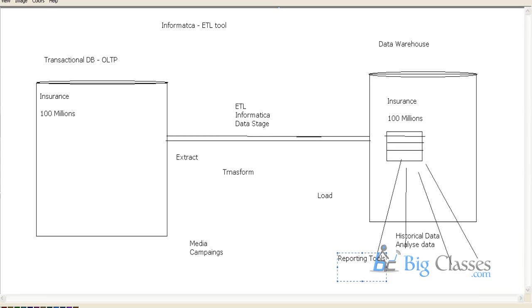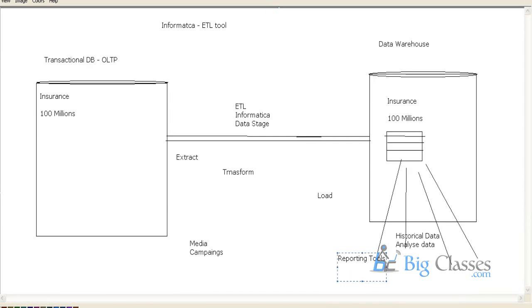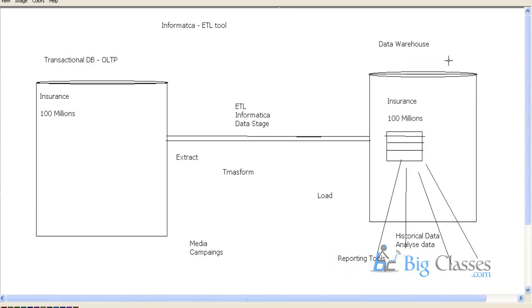Yes, you are going to get data from different databases, different transaction systems. From there the data will go to the data warehouse.